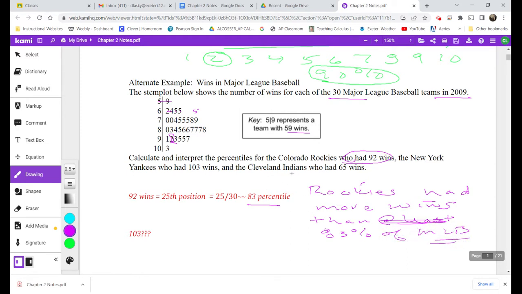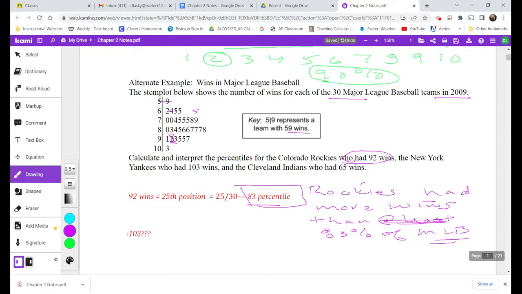MLB. So that's the idea. So the Rockies had more wins than 83% of the Major League Baseball teams. In other words, 83% or less were lower, did not have as many wins. Man, I'm getting tongue tied because I'm trying to do this fast because you guys are coming in about 30 minutes.